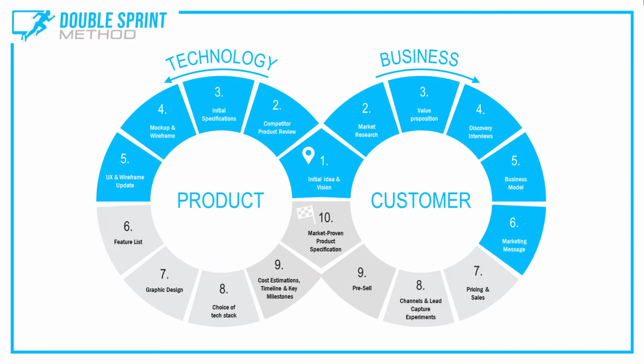But it's not enough just to have a great marketing message. It has to resonate with your tech solution, with your product. Your product must meet that message. So that's why on the left-hand side, we have to clarify the key feature list. I know we already talked about initial specifications in step 3, but this is a process of iteration and constant improvement.